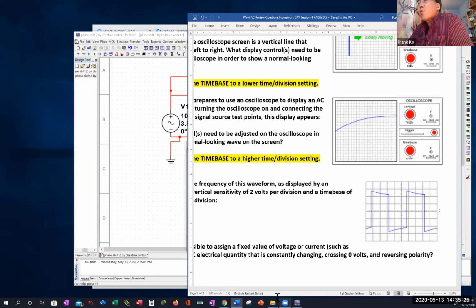So if we're measuring this horizontally, we are interested in the zero line and how the waveform goes from one point to another on here. So how do we use an oscilloscope display to determine the frequency? What do you think, Gabriel?